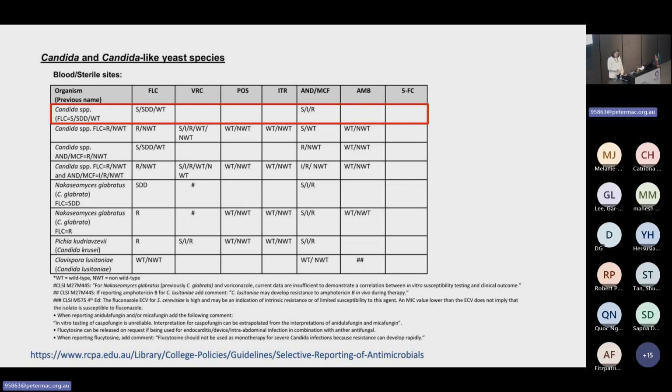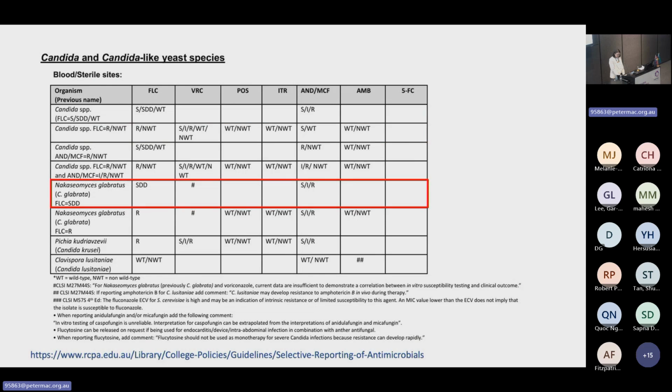And so the lab would report the fluconazole results and the echinocandin results only if they were following these guidelines. But for those Candida species that are resistant or non-wild type to fluconazole, then we need to provide some alternative options. And so that means reporting voriconazole, posaconazole, amphotericin B, and the echinocandins.